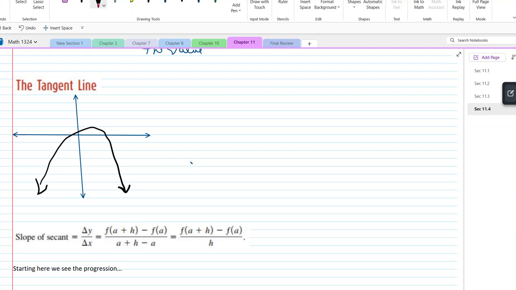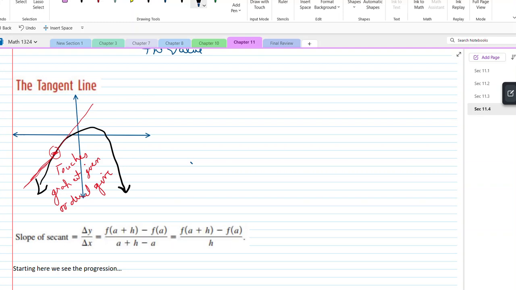So if we wanted a tangent line and we wanted it at this point right here, then the tangent line would go right through, right at certain touches. At the given ordered pair given, at that one point, it does not cut it, it does not go through it, it just touches.